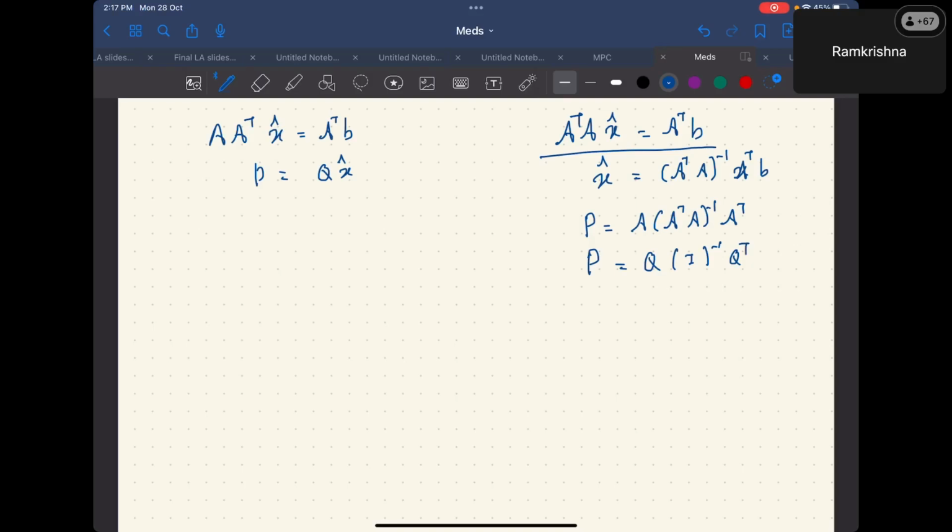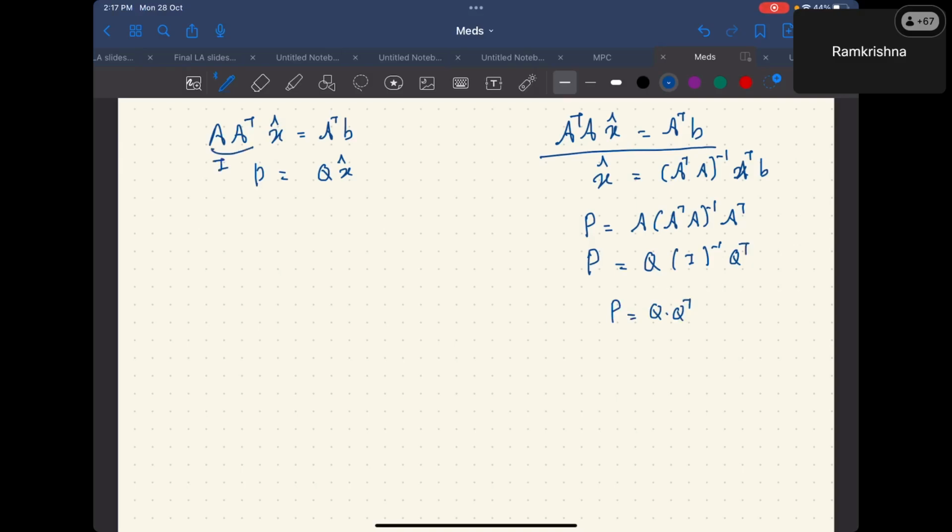So my projection matrix P will have the form Q Q transpose. In this case there are no matrices to invert, because this becomes the identity.